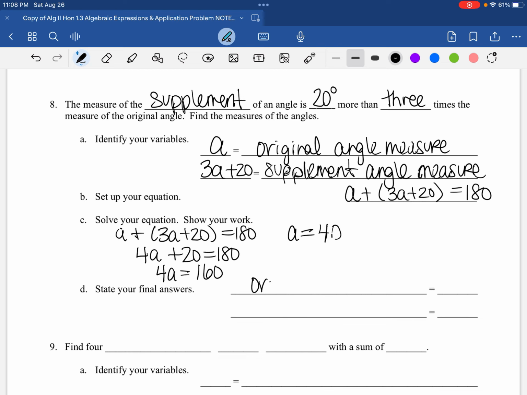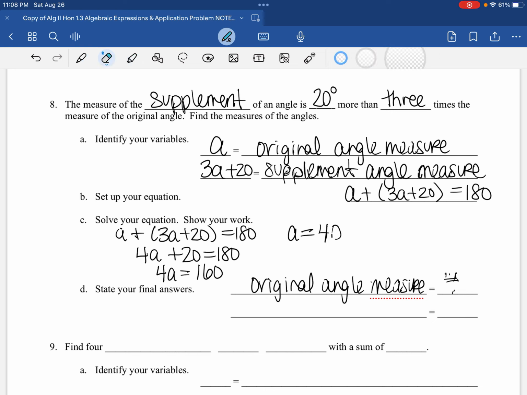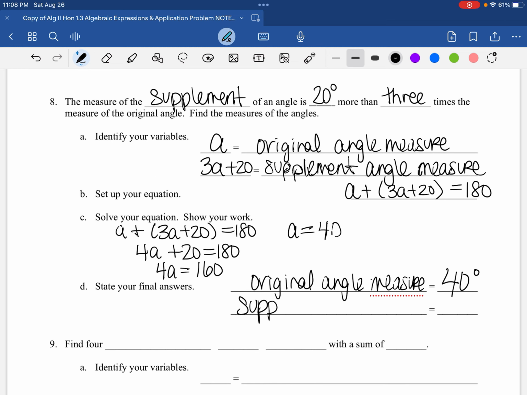So we know that the original angle measure is 40 degrees. Now, how do we figure out what the supplement angle measure is? Well, there's a couple different ways.